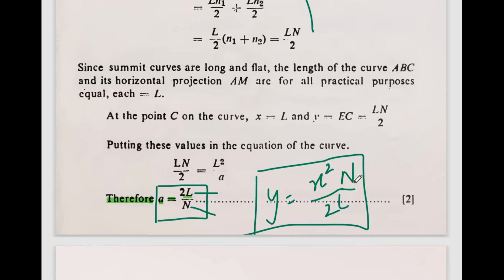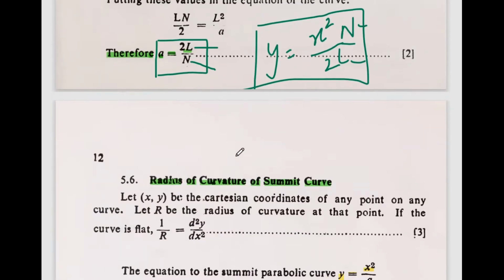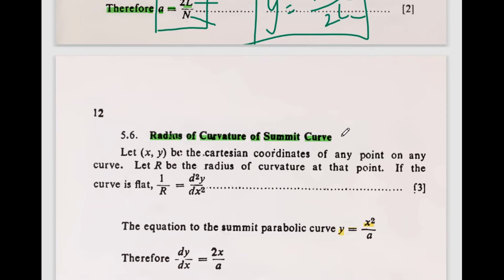On what factors will our summit curve depend? One is n, the deviation angle, and another is the length. Let's move ahead. In 5.6 they talk about the radius of curvature of the summit curve. This is the formula generally given for the radius of curvature, which is the double differentiation of the equation.